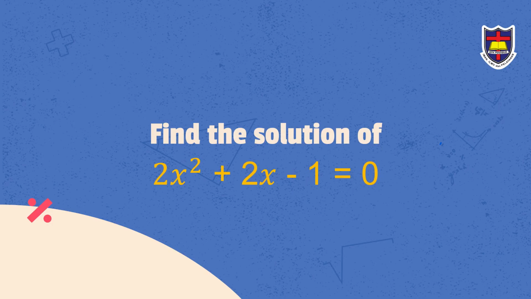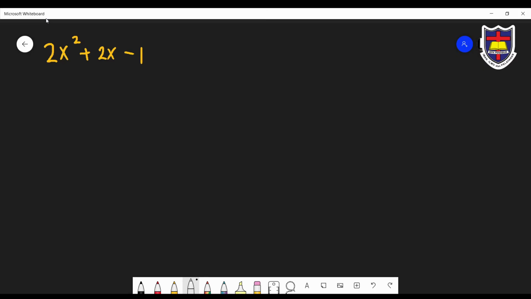So now for our next example, you must find the solution of 2x squared plus 2x minus 1 equals 0. So the first thing we must do is write the constant on the right side.